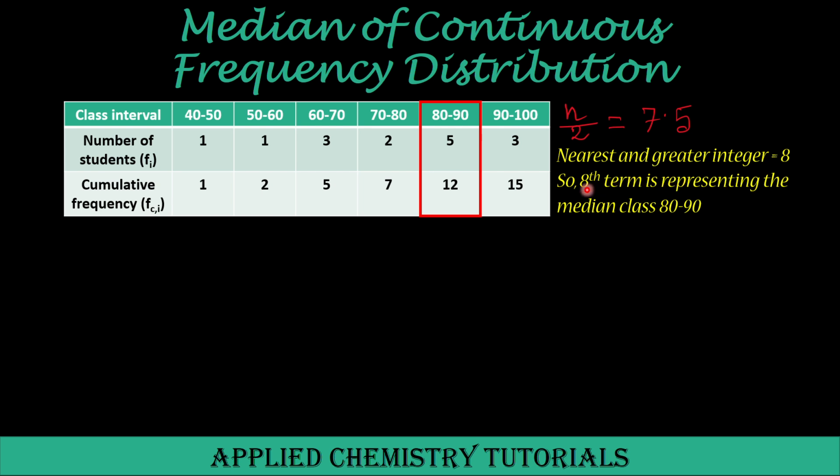So definitely the 8th term will fall into the 80 to 90 class interval. So we now have our median class, 80 to 90.